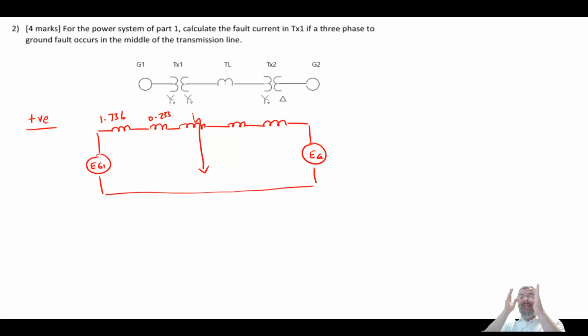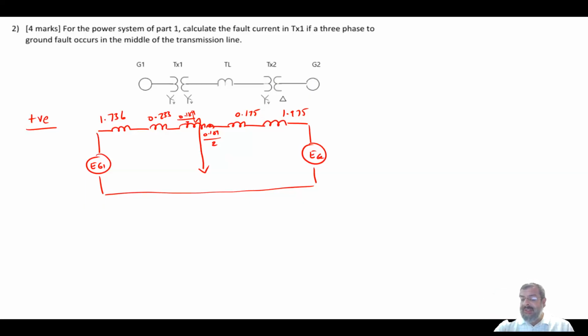Now, since the fault happened at the middle, one half of the transmission line impedance will be on the left side and the other half on the right side. So I will have here 0.189 divided by 2, and here also 0.189 divided by 2, then 0.175 for the TX2, and then we will have 1.975 for generator 2.